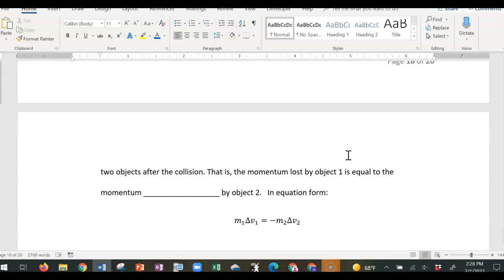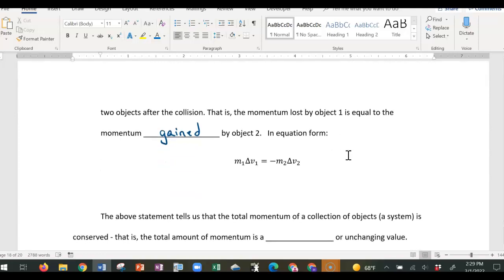That is, the momentum lost by object 1 is equal to the momentum gained by object 2. In equation form, we have the momentum of object 1 equaling the negative momentum of object 2.